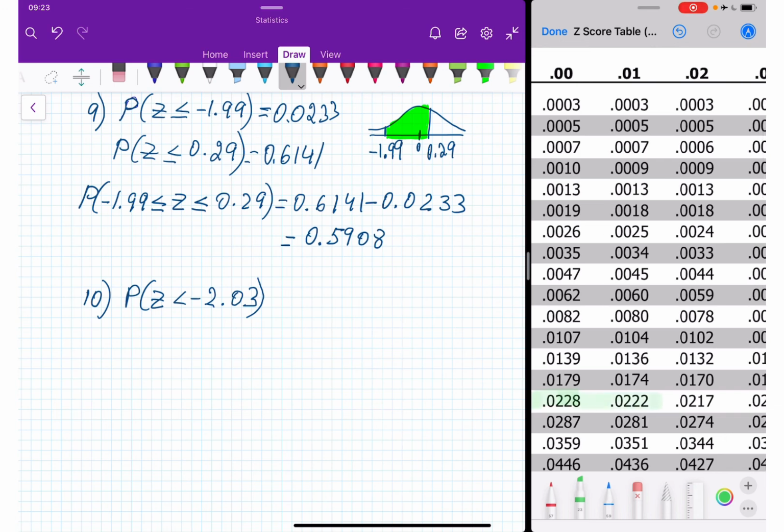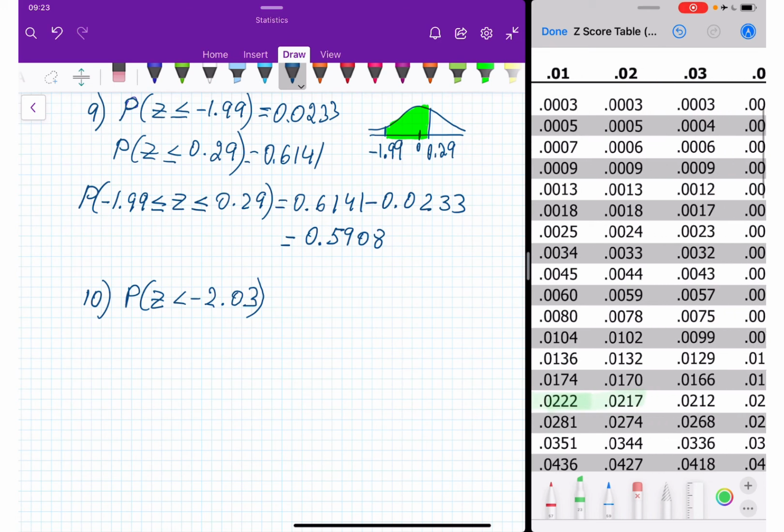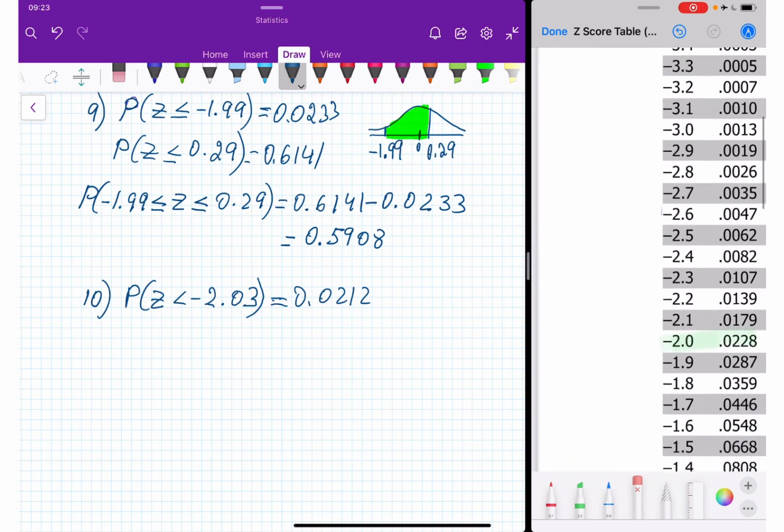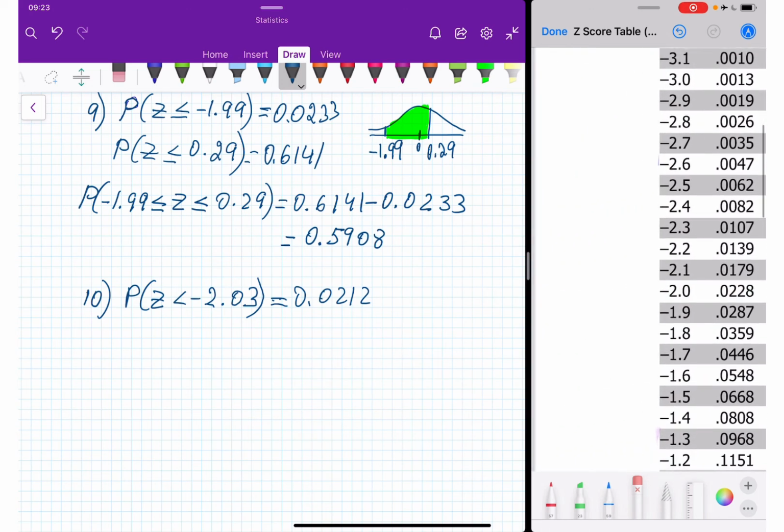Going like this, and here is 3, right? Intersection is right here, 0.0212. So, okay. Clean this.